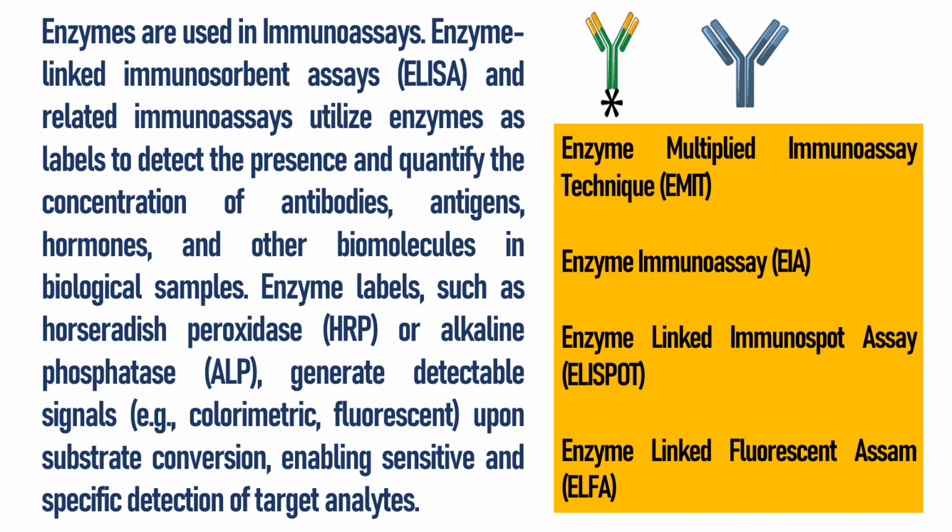Enzyme labels, such as horseradish peroxidase or alkaline phosphatase, generate detectable signals upon substrate conversion, enabling sensitive and specific detection of target analytes. Various types of immunoassays have been developed and names of a few such methods have been depicted here in the box.